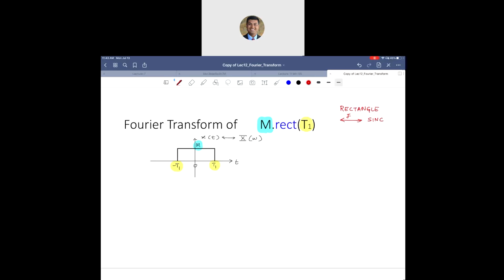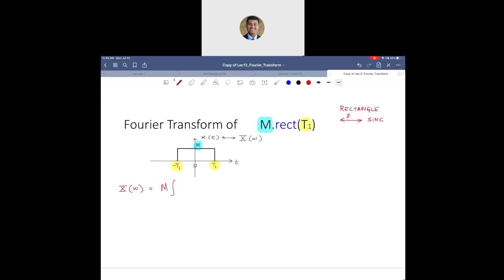Let's try to evaluate this Fourier transform. Let's do it by direct integration. All right, so let's see. I will use red here. I will say X of omega is, I have M, which is a scalar, so it comes out of the integration.